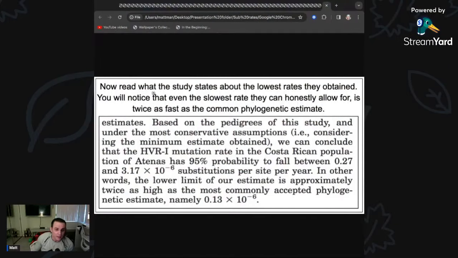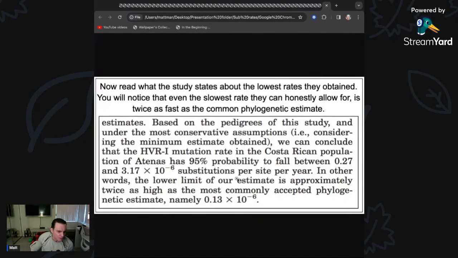Look at this. Now we read what the study states about the lowest rates they obtained. You will notice that even the slowest rate they can honestly allow for is twice as fast as the common phylogenetic estimates. So based on pedigree studies, under the most conservative assumptions, we can conclude that HVR1 mutation rate from the Costa Rican population, which is about a 95% probability, fall between 2.75 times 3.